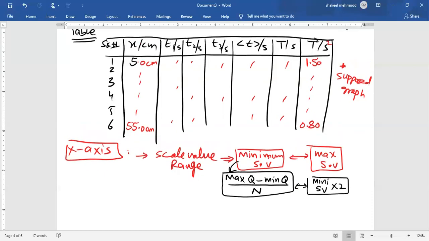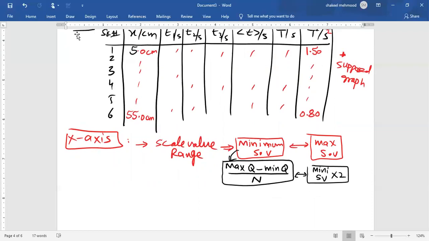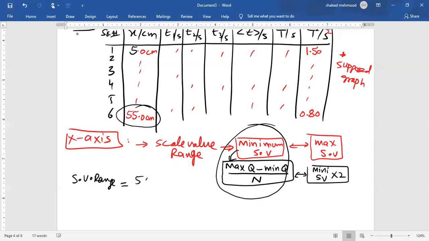So let me work it out for x-axis. What's the maximum value? It's 55. Minus what's the minimum value? It's 5. Divided by how many squares are there? 8, right? So it is 50 over 8, which is around 6.25.